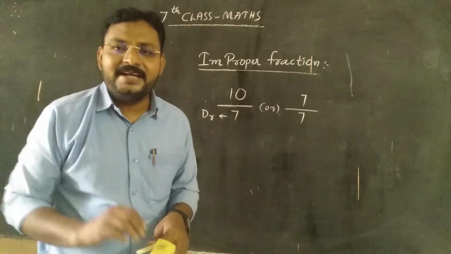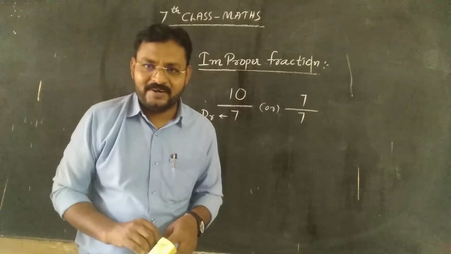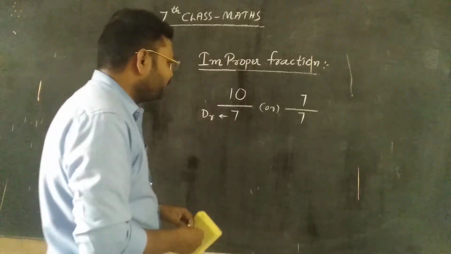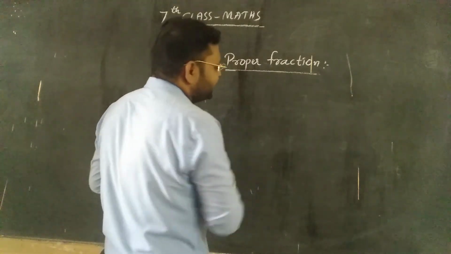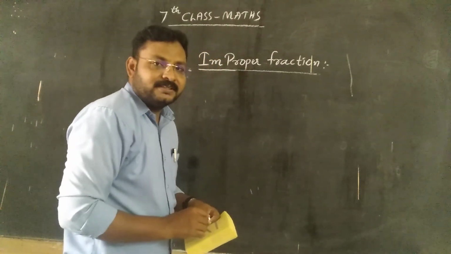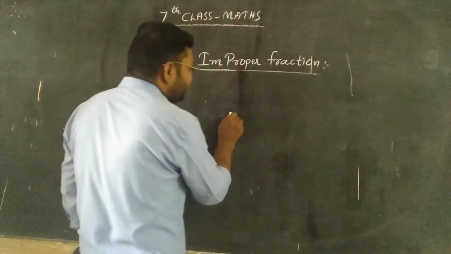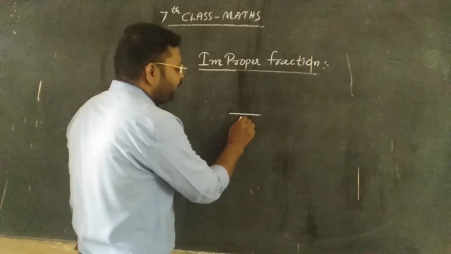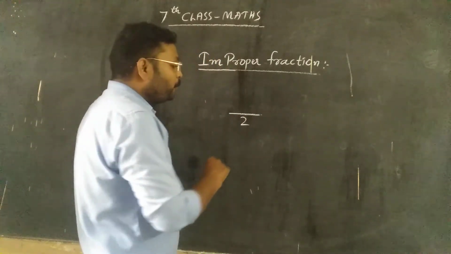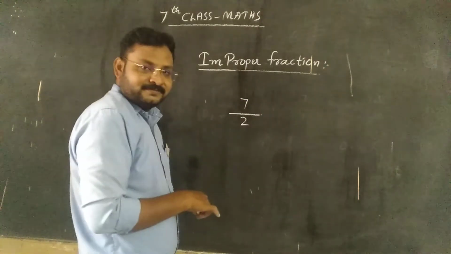You try to write some examples for improper fraction. Suppose one more example I am going to write here. The denominator will be smaller, children, and the numerator will be bigger.